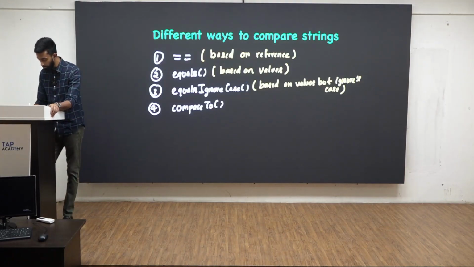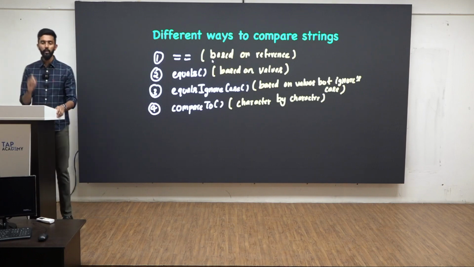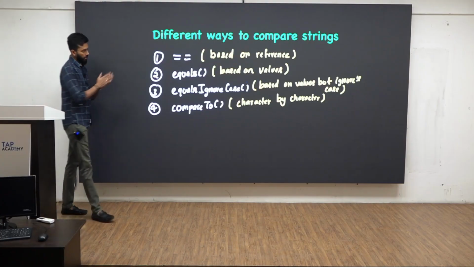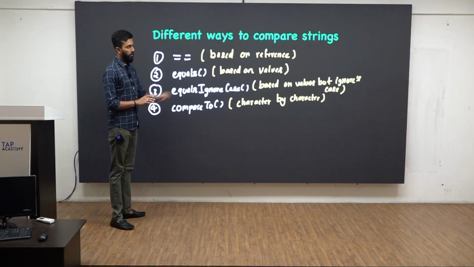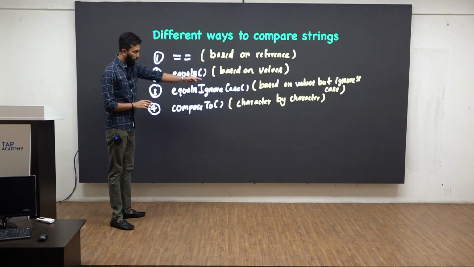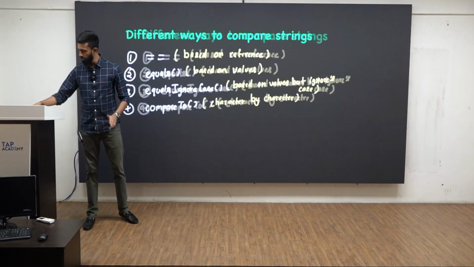Last and final, compareTo will compare strings character by character. I know none of this makes sense yet, but just store it somewhere in your mind. When I write my first program, everything will become clear. Okay? If this much is clear, very simple.